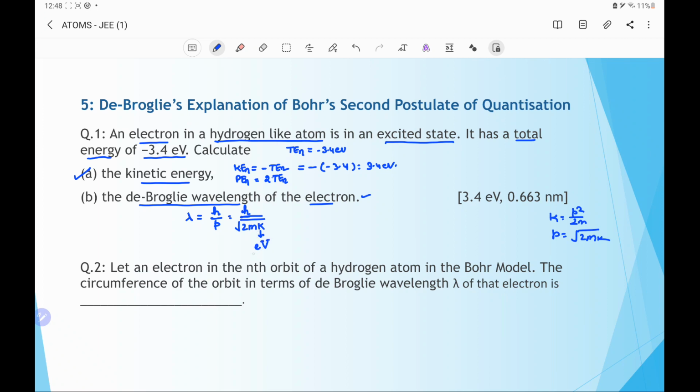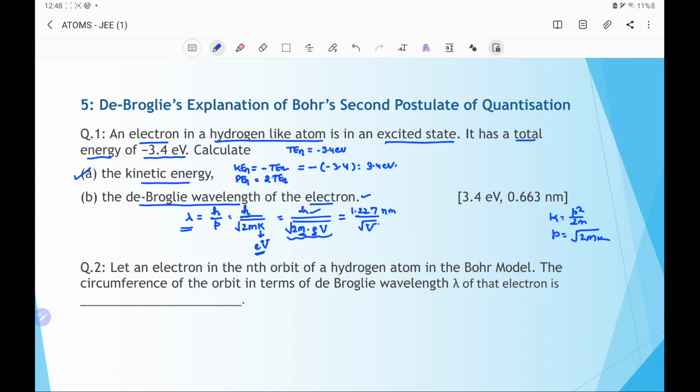So K will be equal to eV. Therefore, we replace this K, we get h by root 2 m eV. Because h is the Planck's constant, its value is known, mass of the electron is also known, and charge on the electron is also known, we will have a relation that wavelength lambda is equal to 1.227 nanometer by root V.